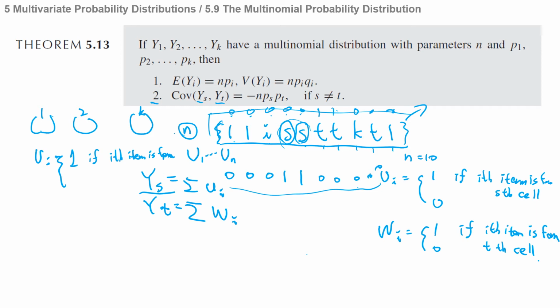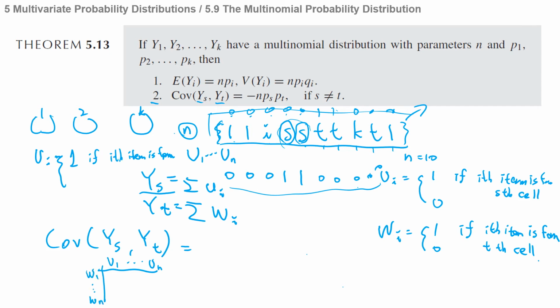And then we can calculate the covariance of Ys and Yt, which is the covariance of the sum of Ui's and the sum of Wi's. To solve this, we can write a table. U1 to Un is here, W1 to Wn is here.